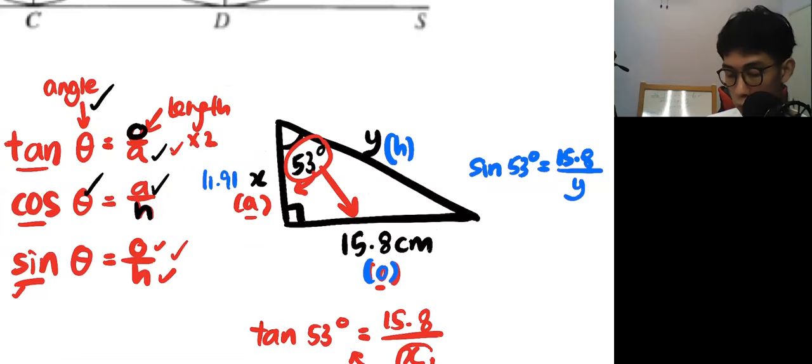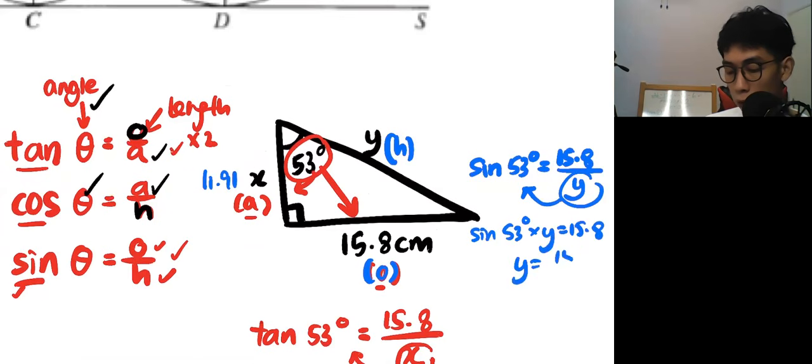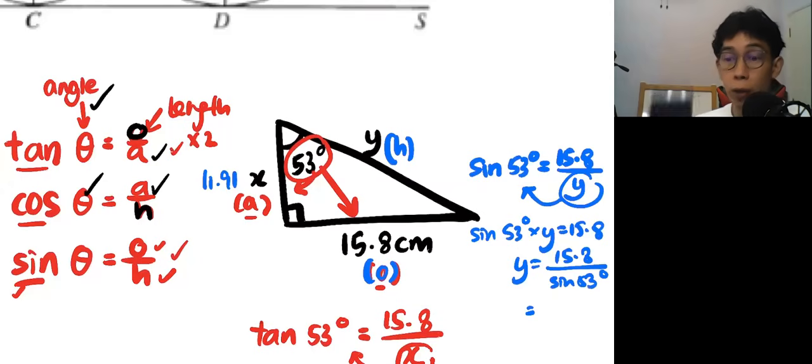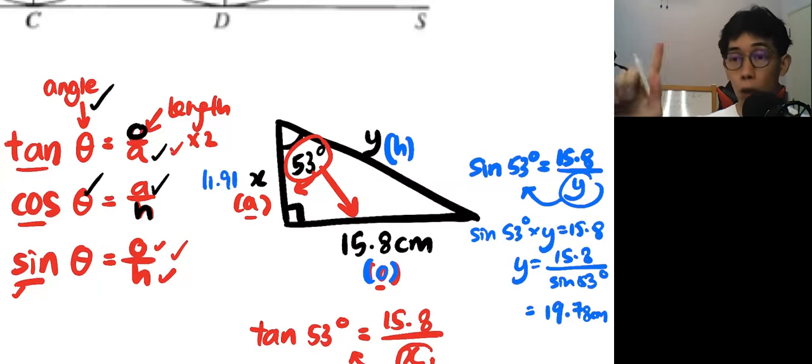Move here, sine 53 times Y equals 15.8. Y equals 15.8 divided by sine 53. Then you take your calculator and type 15.8 divided by sine 53. Your answer comes out 19.73 cm.